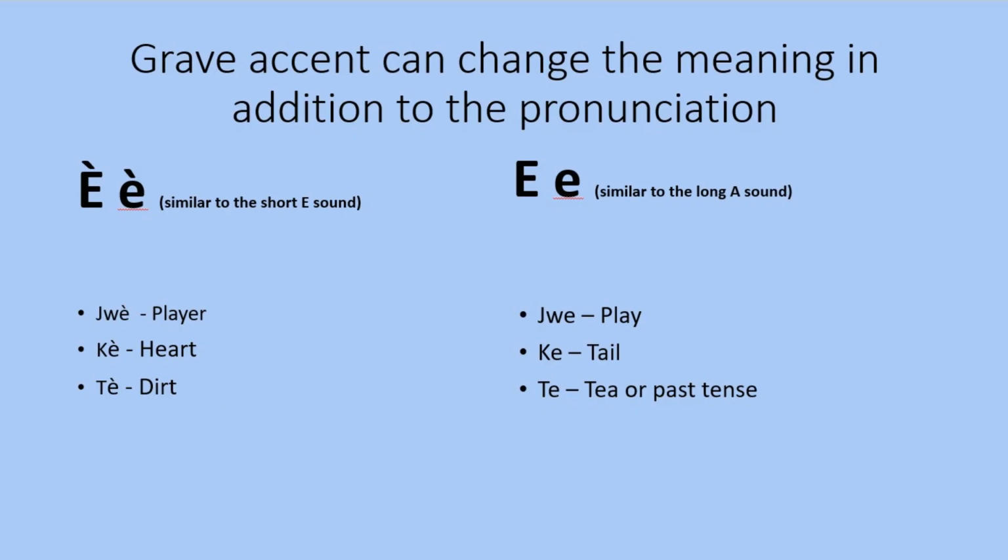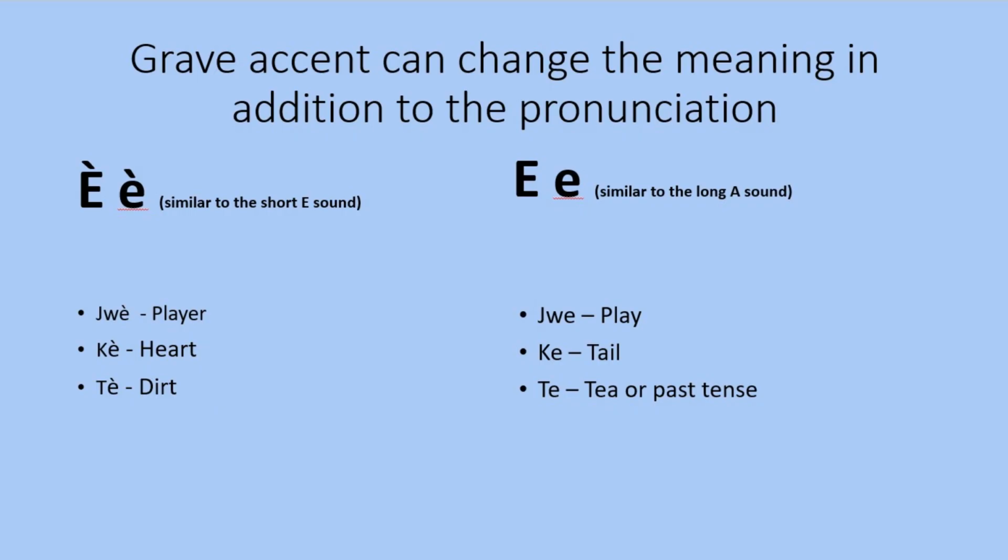Ke, right? Ke with the accent. It means heart, like literally your heart, okay? If you skip the accent, it means tail, like the tail of a dog, of a cat, a horse, it means tail. Do you see how the meaning completely changed just because of the accent?